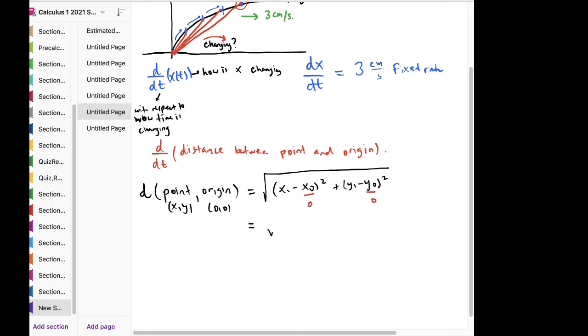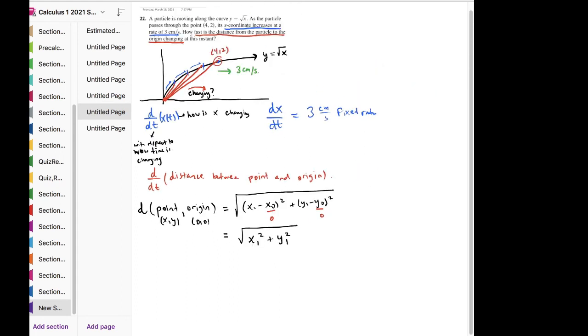So this simplifies nicely to the square root of x1 squared plus y1 squared. By the way, you could do this if it wasn't at the origin. If it was out here or something, you could still do this, but you would have this extra term. So just be aware of that.